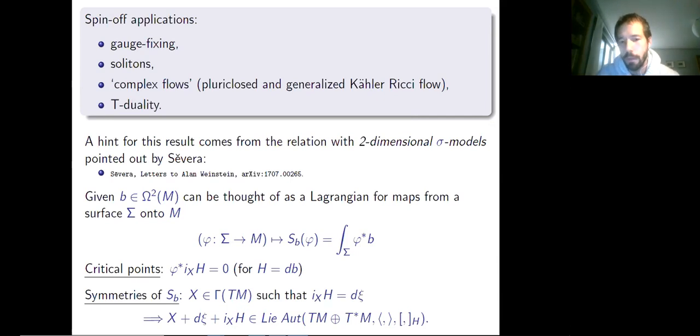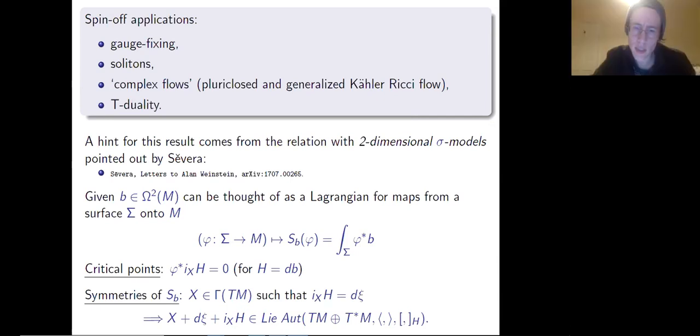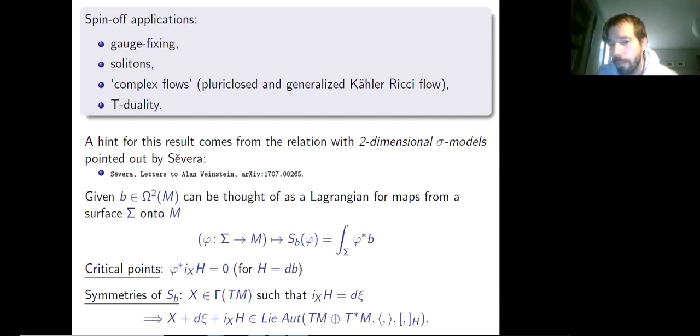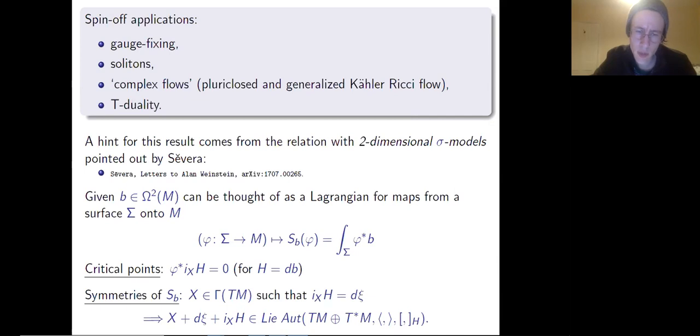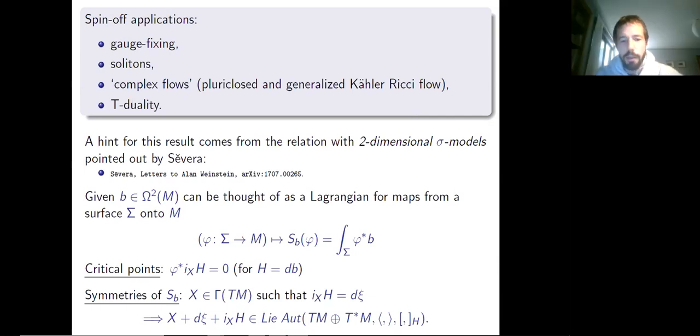I see. Yeah. Why do you add dg to ixh? Can you say it again? Why, for the Lie algebra element, why do you add dg and ixh? Yeah, sure. Let me show you that. You see, if I take this element, the two form B is dg plus ixh, right?